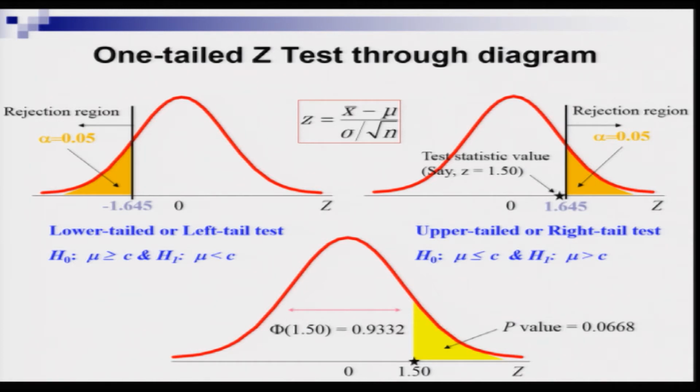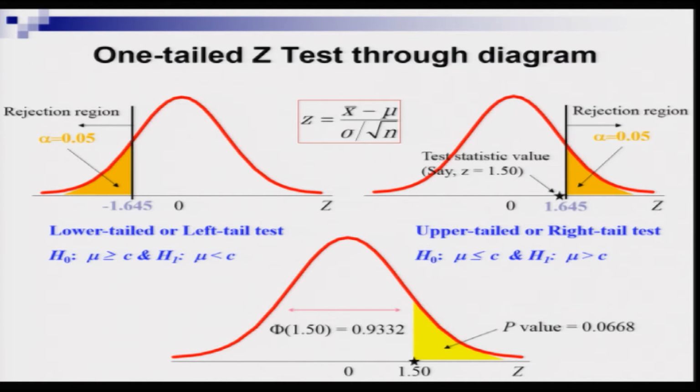You say, well, the sample evidence is such that the sample statistic that I calculate, say the sample mean, is far from the anticipated value of the population mean, and hence I declare that I reject my null hypothesis. Okay.